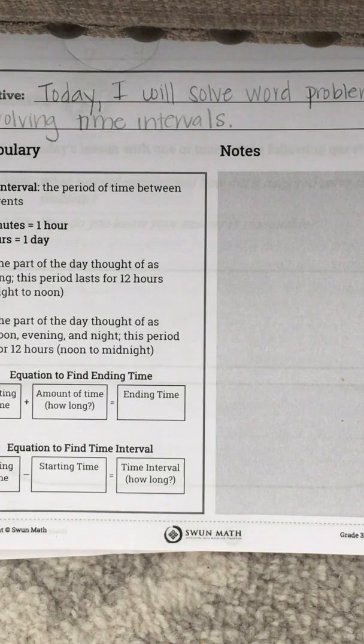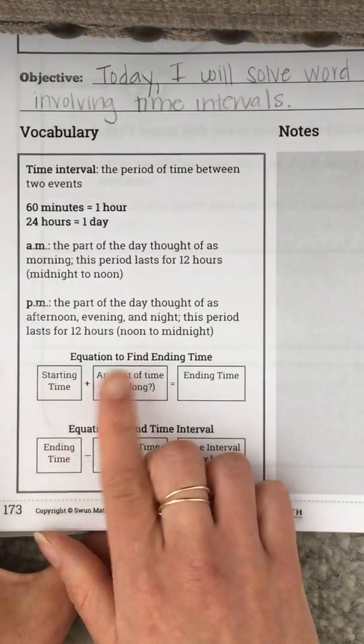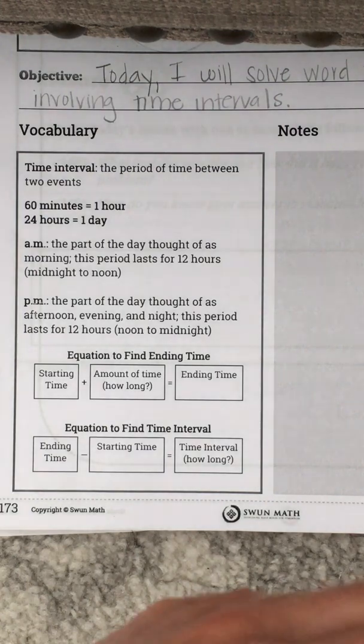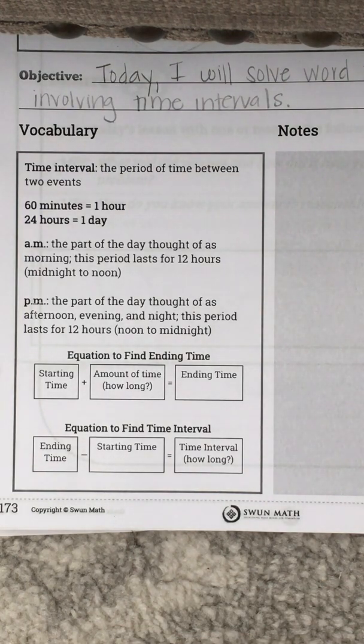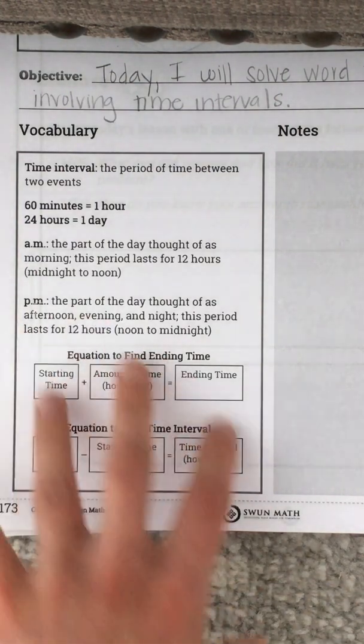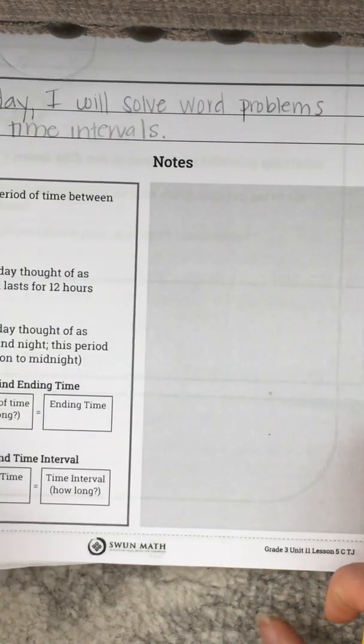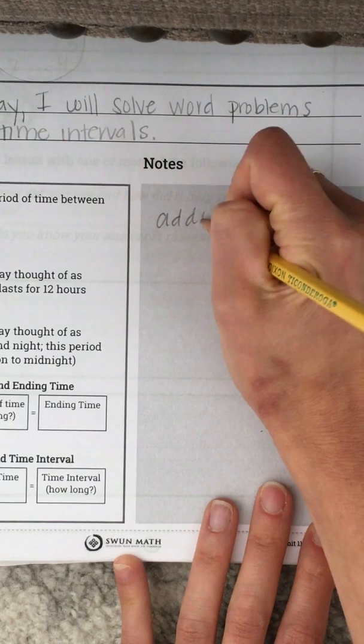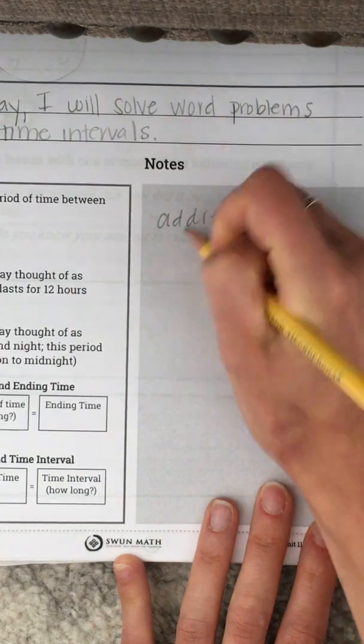And just a quick review, yes, you have these starting and ending times, but you have to remember to use your strategies that we talked about previously in order to solve for this. So some of our strategies were doing addition or subtraction problems.